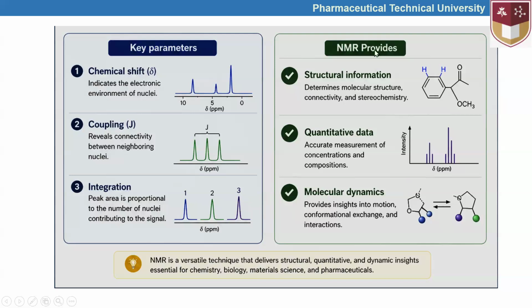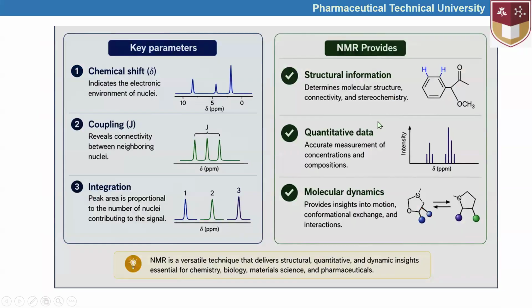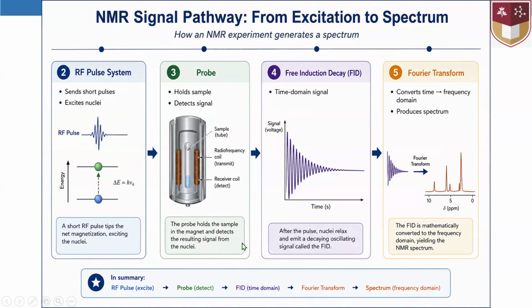Okay. NMR provides us with structural information, as we talked, and it also provides quantitative data, and also we can learn about the molecular dynamics properties of the compounds. We will talk about this at the end of the video lesson.